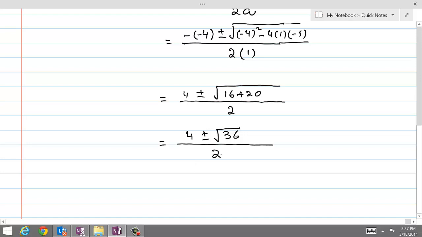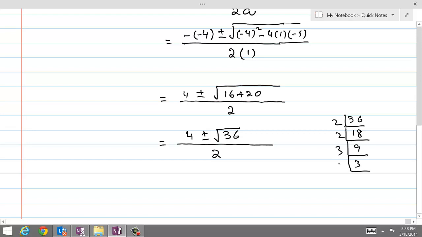And we know that if we want to take 36 out of the square root, the only way we can do it is through small division or by converting it into linear factorization and then making pairs. So 36 divided by 2 is 18, and then divided by 2 is 9, and then 3, and then 3.